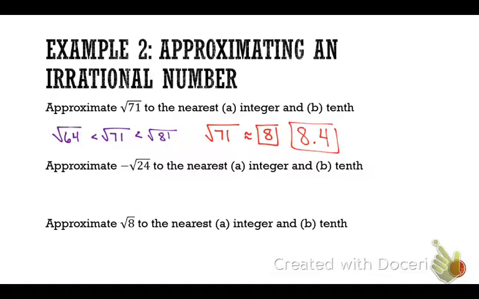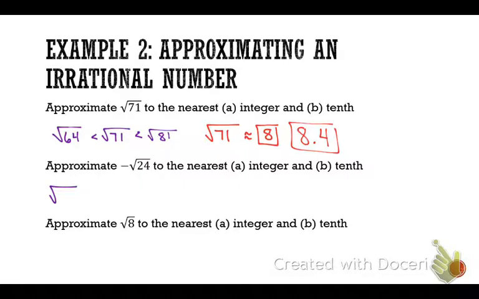All right, so now we have negative square root of 24. We're not going to worry about the negative yet. What would be the perfect square that's closest to 24 but less than 24? 16.